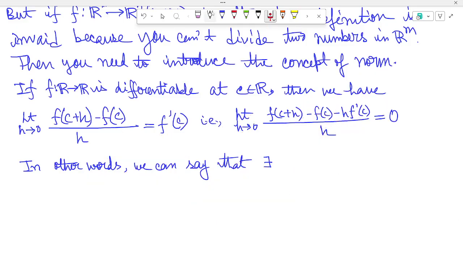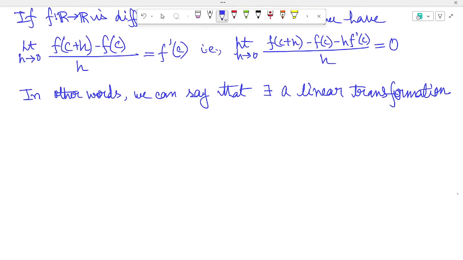So what we can now say, reformulating this into a different language, is that there exists a linear transformation.